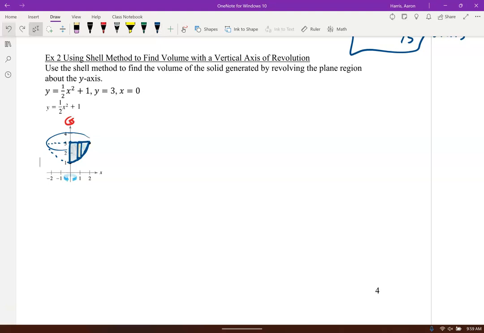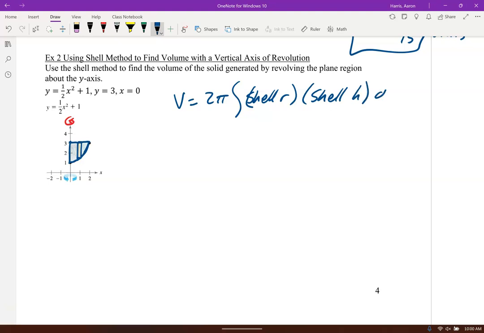And let me remove the shape part so that I can, we'll do the shell radius and then the shell height with respect to x here from A to B. And so you're going out x distance again. There's our shell radius, right? Again, this thing's being spun, right?